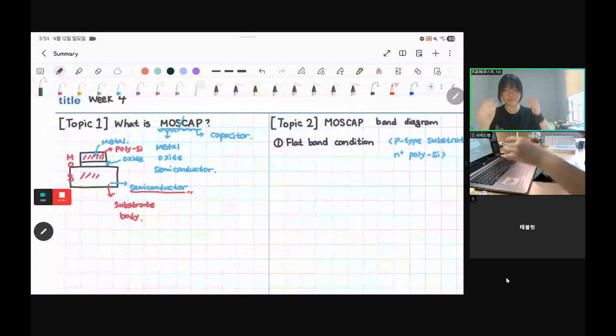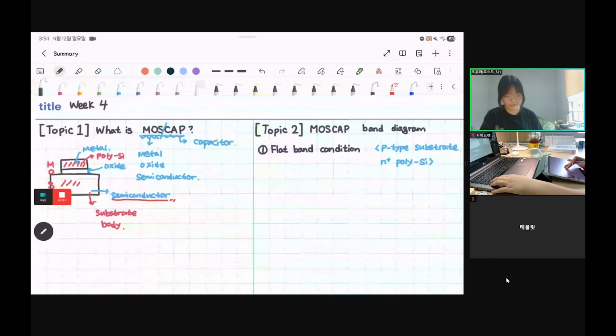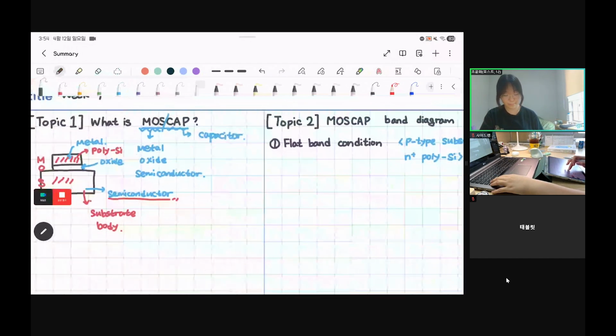So by this device, we can use the device like a capacitor.